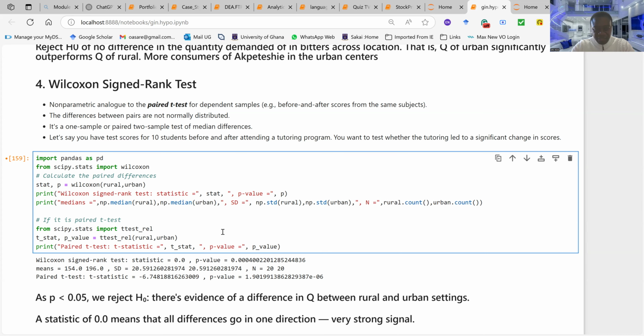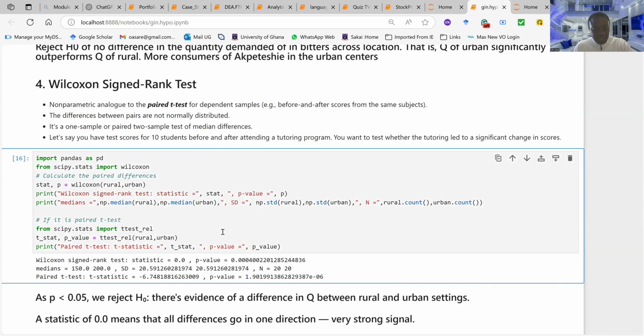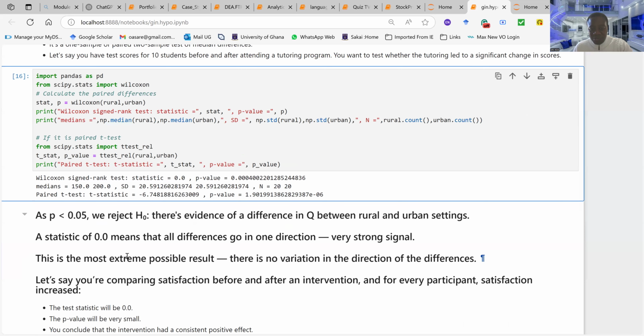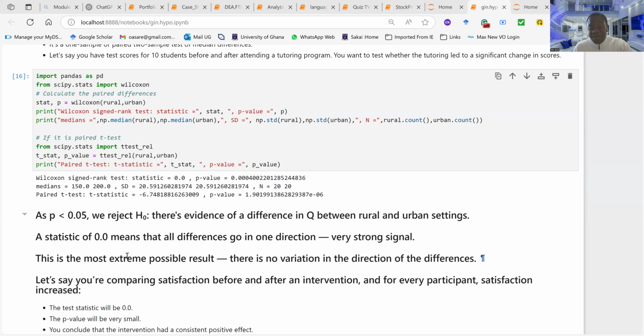So when you're running, you ensure that you're dealing with what? Medians. So what do you see here? Median is 150, this is 200. And paired is indicating that the p-value is 0. So since the p-value is 0, we reject the null hypothesis once again, confirming indeed that these guys who are in the urban centers are still consuming a lot of akpeteshie.